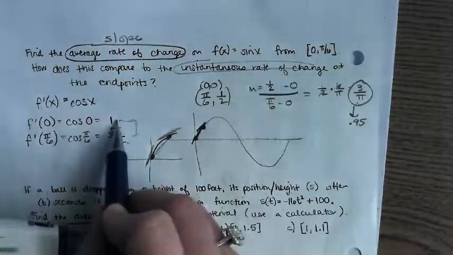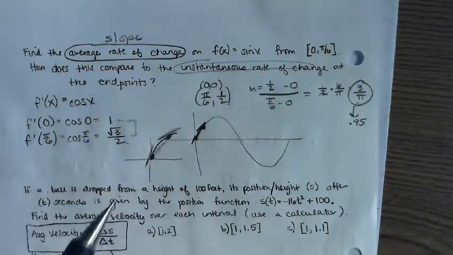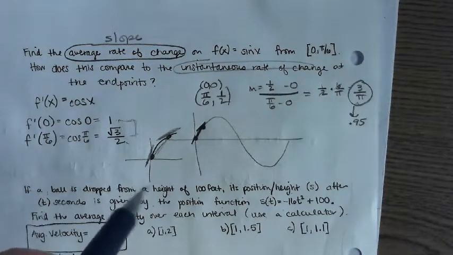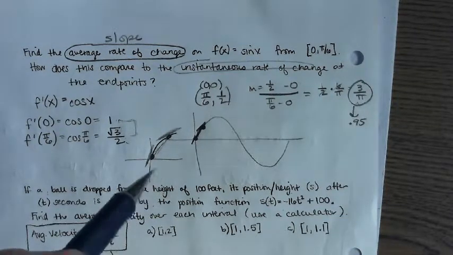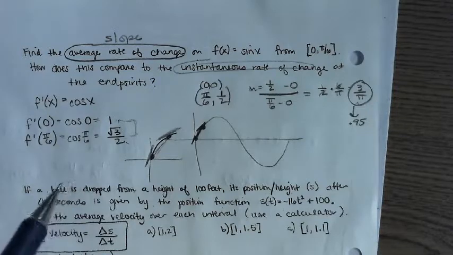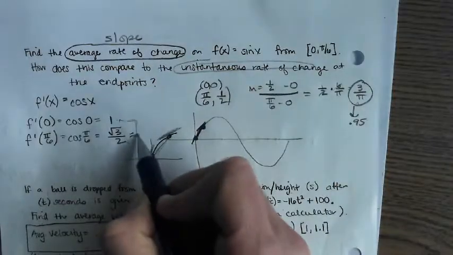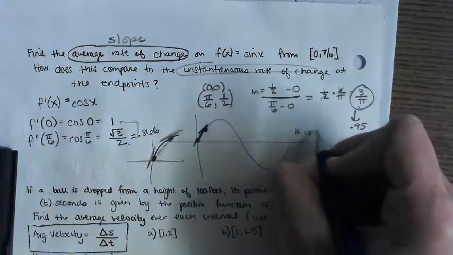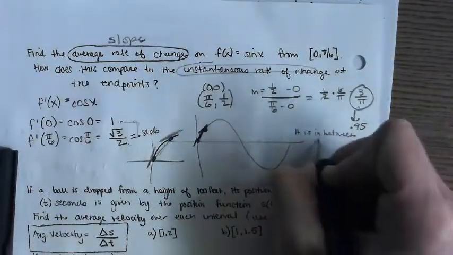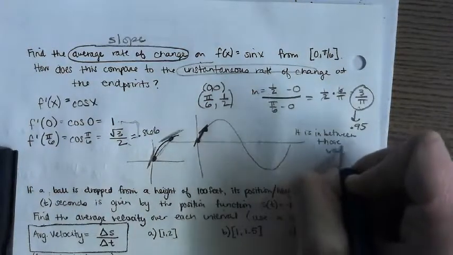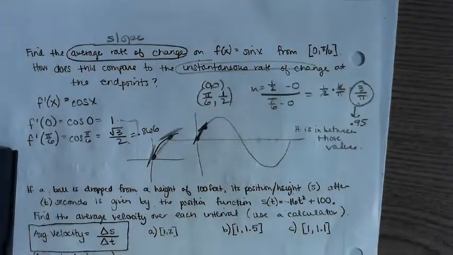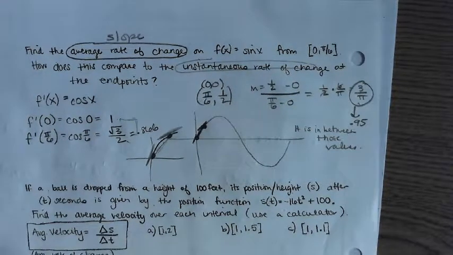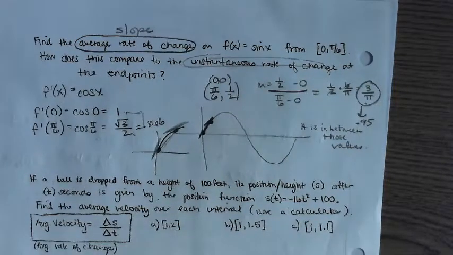So it's a little bit less than 1, but greater than root 3 over 2, which is 0.866. So it is in between. Just kind of exploring type stuff.